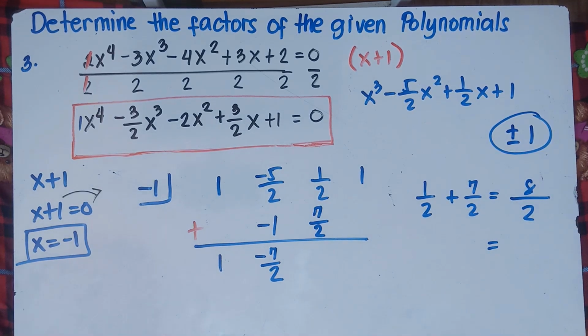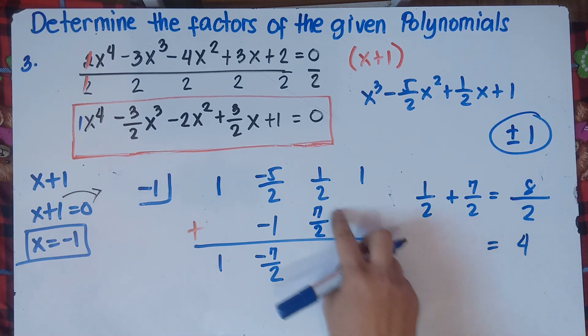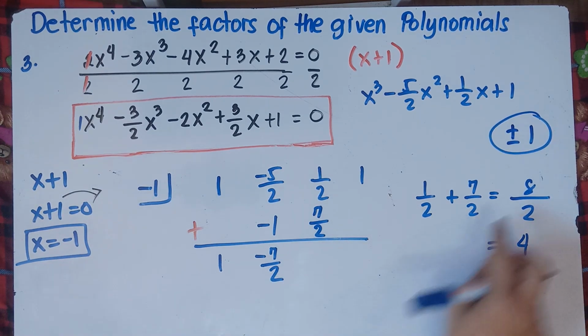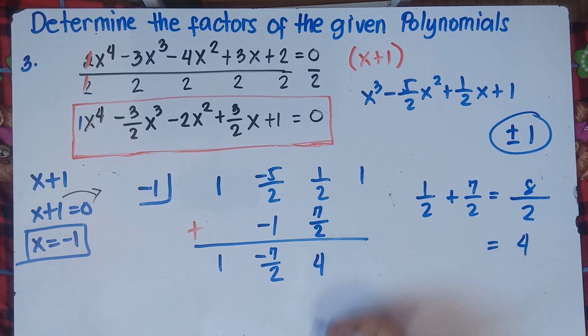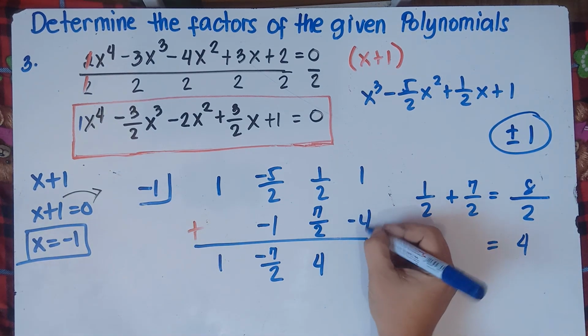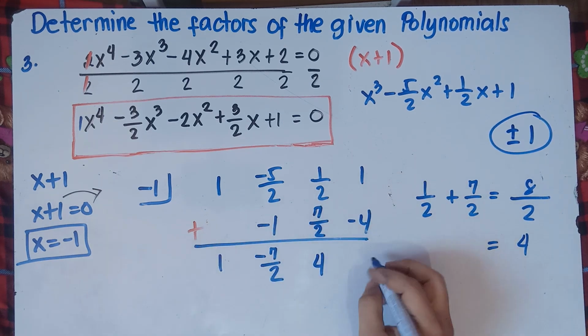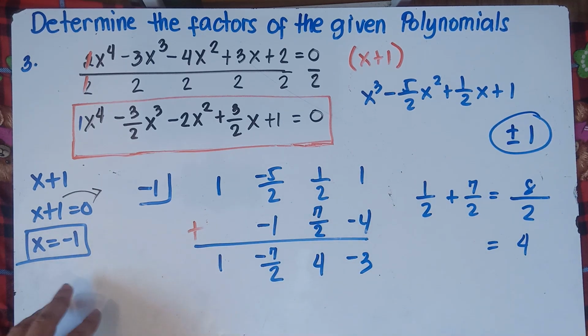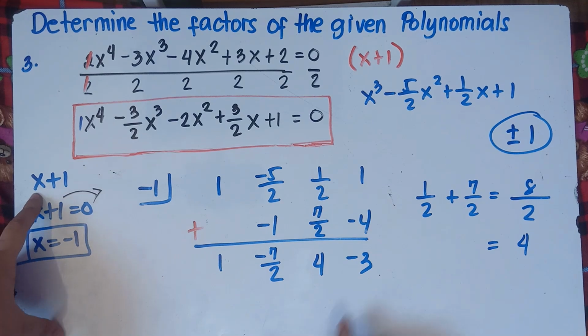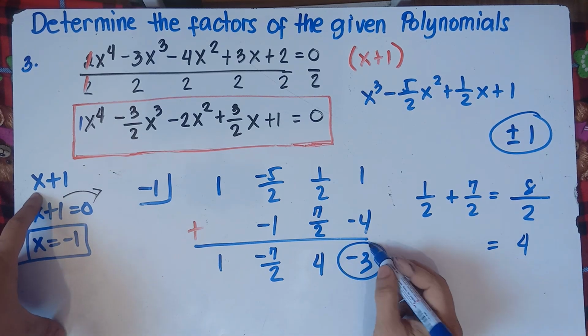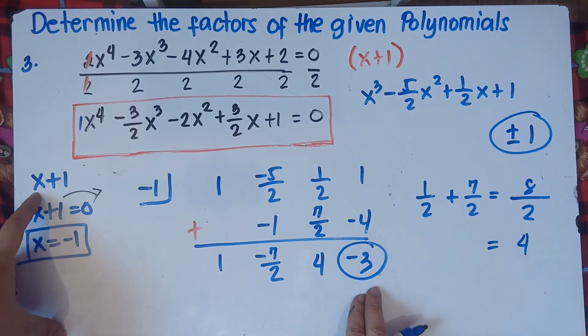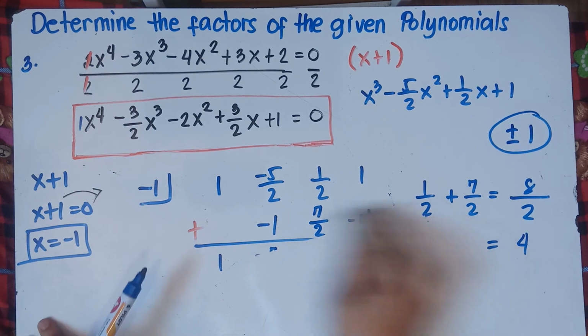Can we divide? Yes, 8 divided by 2 is 4. So 1/2 plus 7 over 2 is 8 over 2, or 4. Then you multiply negative 1 times 4, that's negative 4. And 1 plus negative 4 is negative 3. So we cannot use x plus 1, class, since our answer is not 0. We have a remainder, which is negative 3. So we cannot use x plus 1.